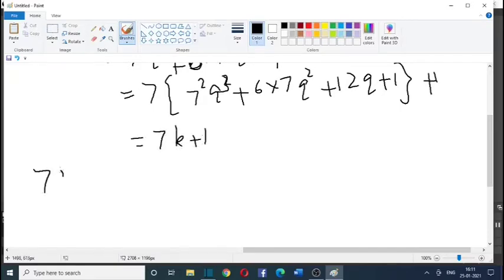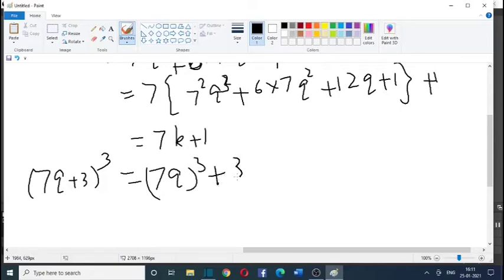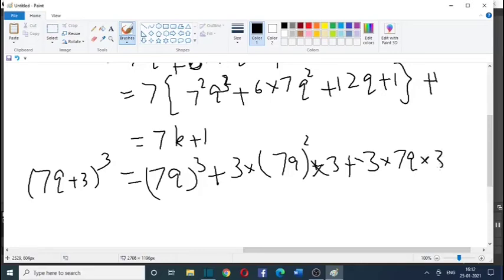Now consider (7q plus 3) all cube, which is equal to (7q) all cube plus 3 into (7q) all square into 3 plus 3 into 7q into 3 square plus 3 cube. 3 cube is 27. 27 is 28 minus 1.